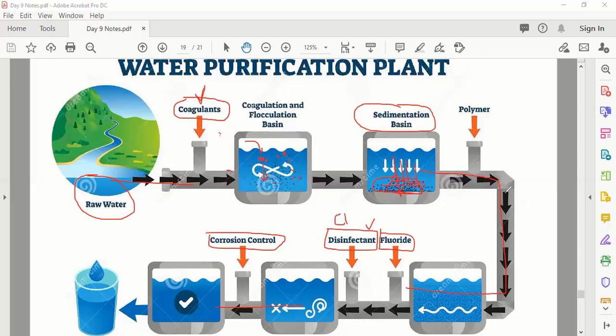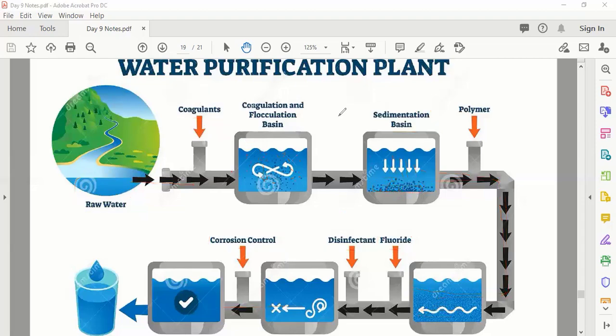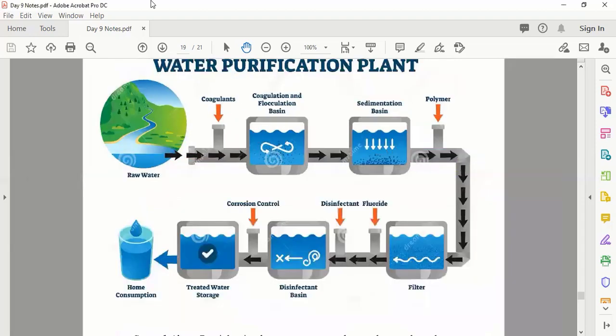After that they will pass through here, and then the chlorine is added. Sometimes it is passed through the beds of sand. This one here, you can see here is a filter. This filter has sand and other things. There are some particles which are still left, they are stopped by the sand here.